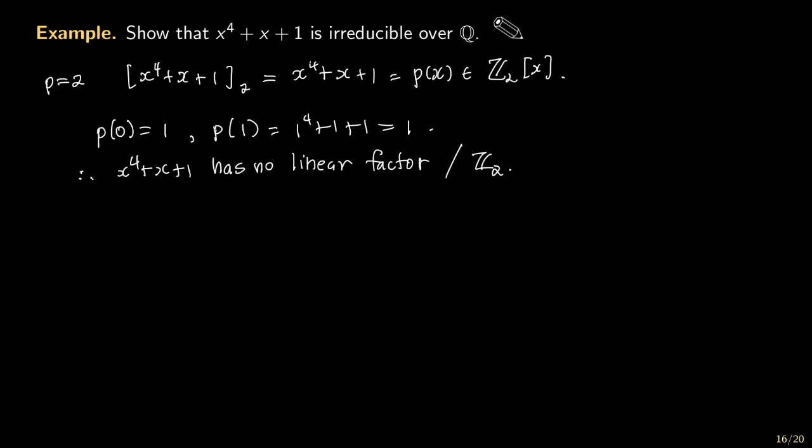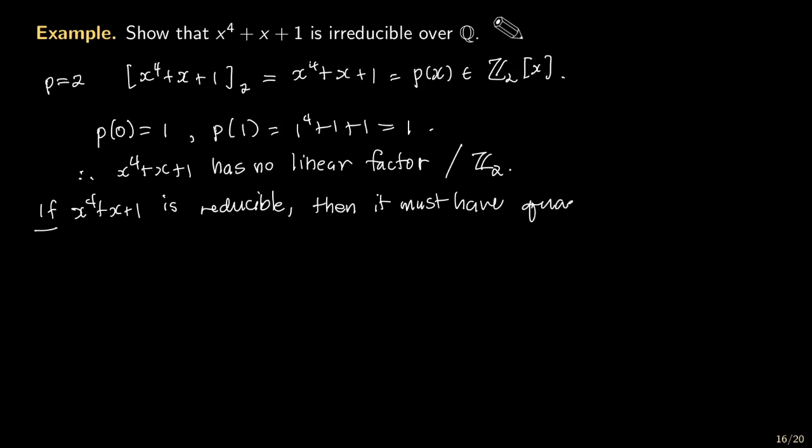So meaning to say, if x to the 4th plus x plus 1 is reducible, I'm not saying it's reducible, but if it was reducible, then it must have two quadratic factors.